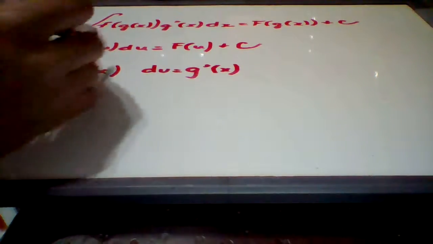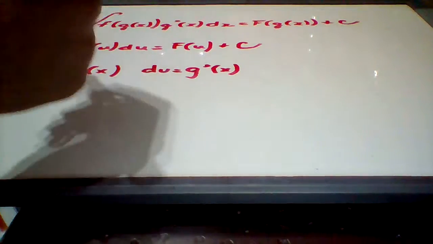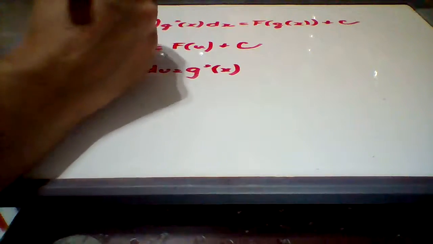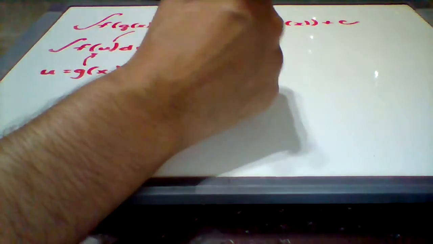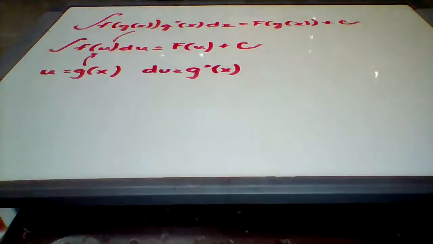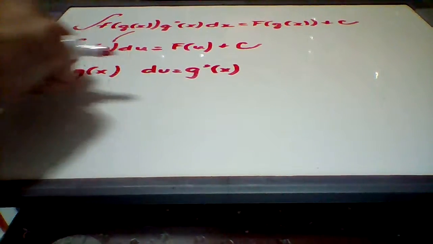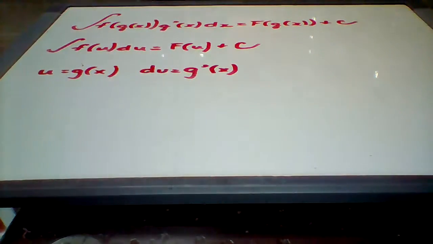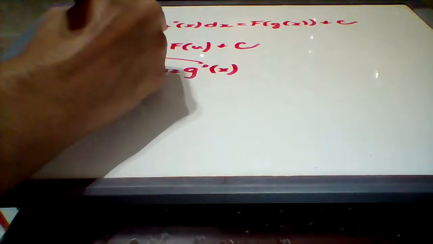So yeah, you just substituted the g of x with u. You could see, and then the du was g prime of x. So you substituted both.